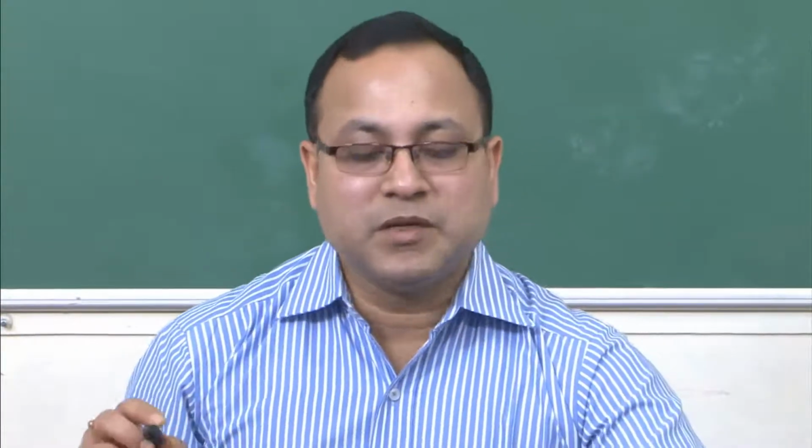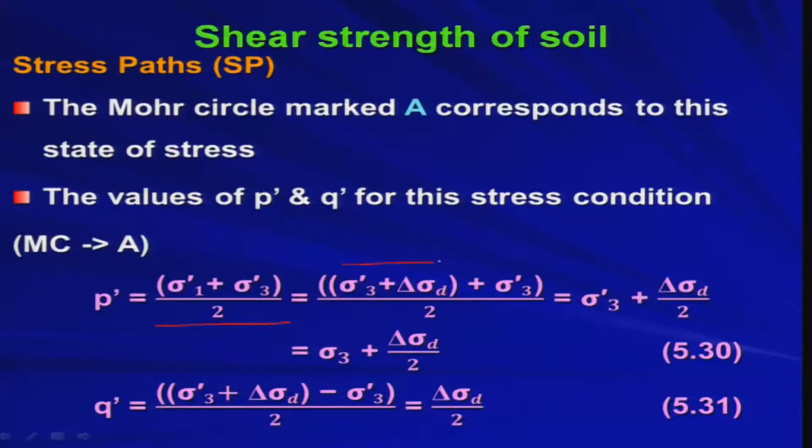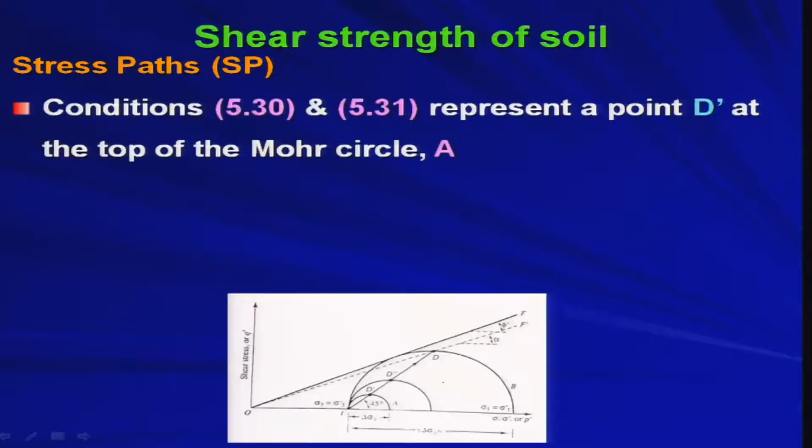So, sigma 1 prime plus sigma 3 prime by 2, which ultimately gives sigma 3 prime plus delta sigma d by 2, and because you are considering a drained test, it is equal to the total stress, so sigma 3 plus delta sigma d by 2. Okay. Now, in this condition, what is the magnitude of q prime? Q prime is sigma 1 prime minus sigma 3 prime by 2, which is nothing but delta sigma d by 2, right.